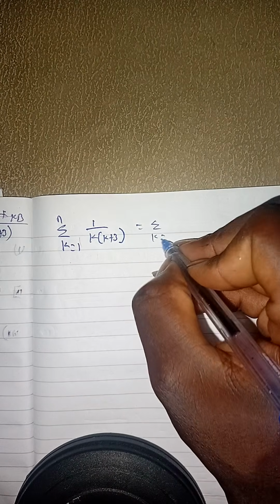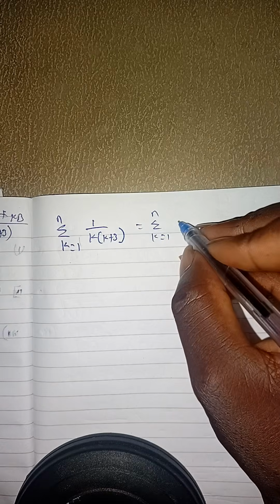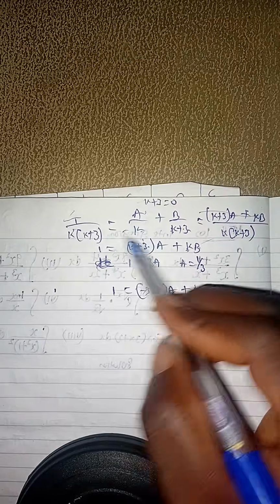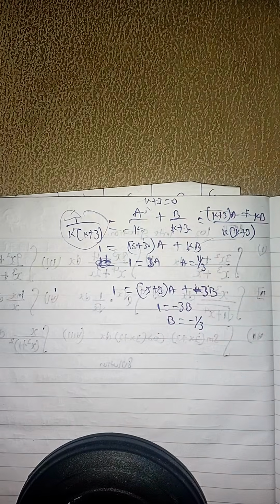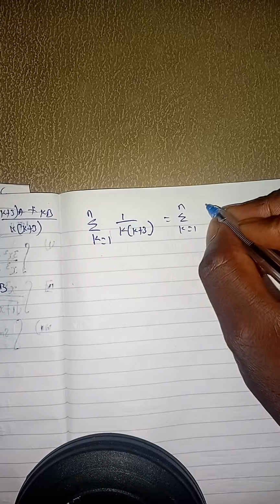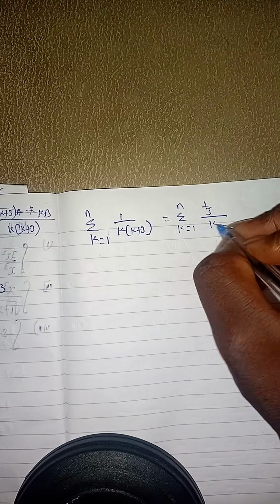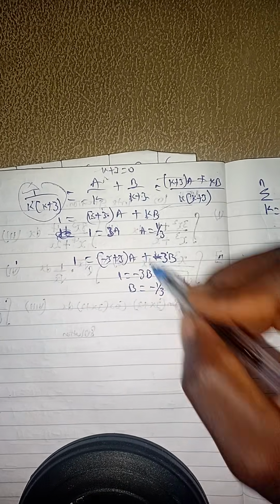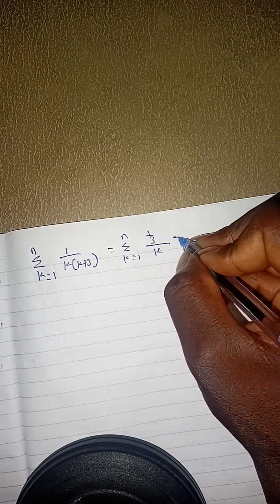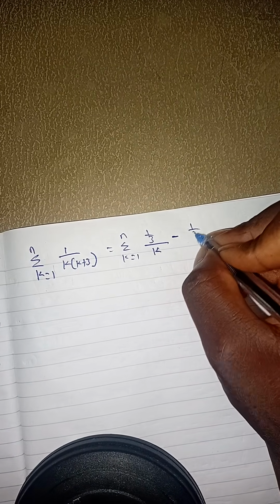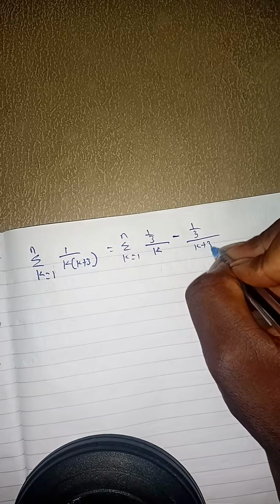So this one becomes summation as k tends from 1 to n of what? This is a over k plus b over k plus 3. So what's our a? 1 over 3 divided by k, but because b is minus, this turns to minus. b is minus 1 over 3 divided by k plus 3.